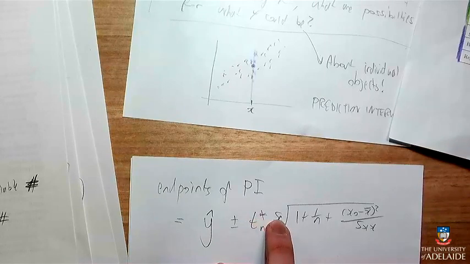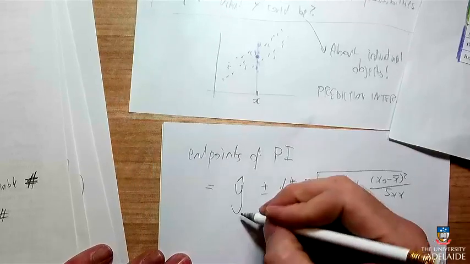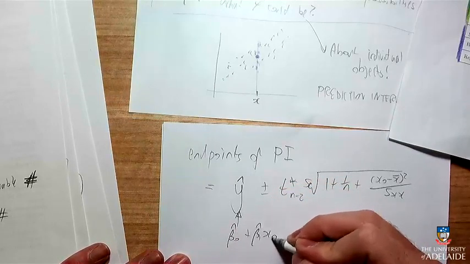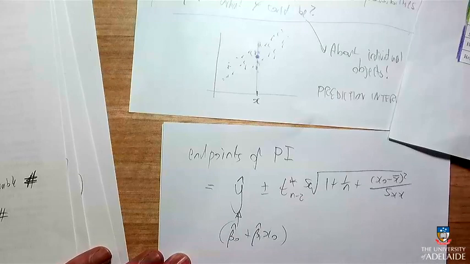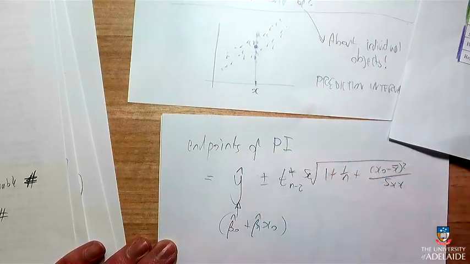The standard error from the data, the square root of 1 plus 1 over n plus (x0 minus x bar) squared on Sxx. And this y hat here is beta0 hat plus beta1 hat x0. All right.